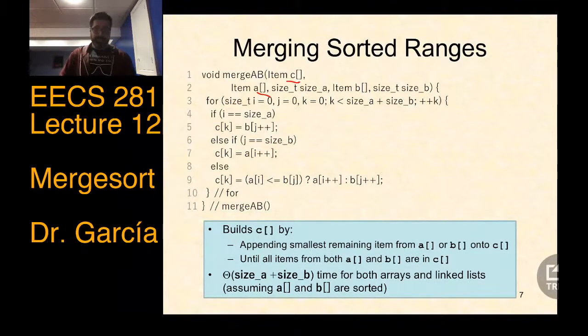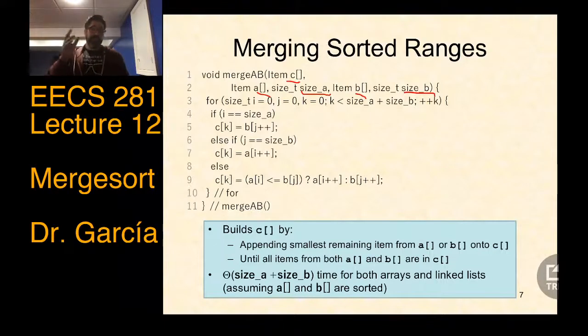Because these are simple arrays, we have the size for A, because otherwise we don't know how large A is. And then our other input array is B, along with its size, because this particular example is with good old arrays, so we need to keep track of the size. There's no other way to get the size.